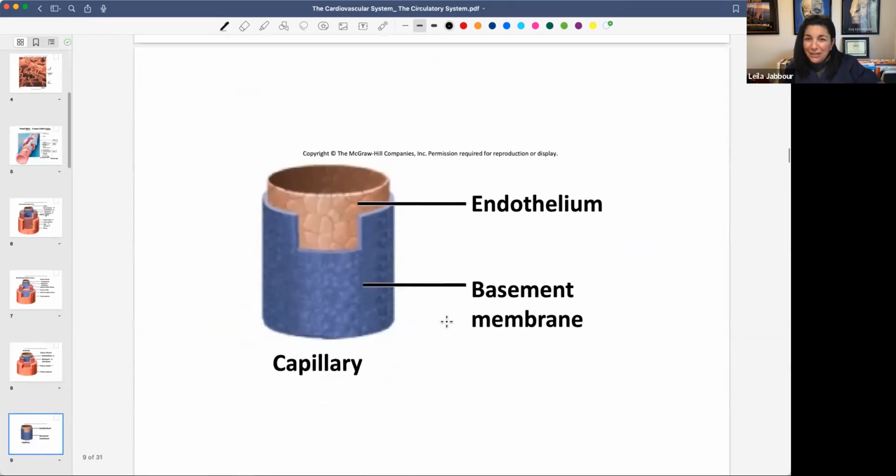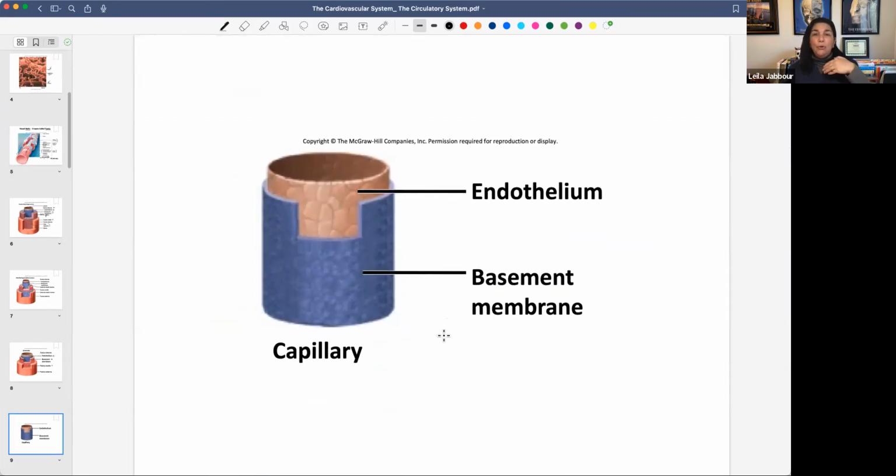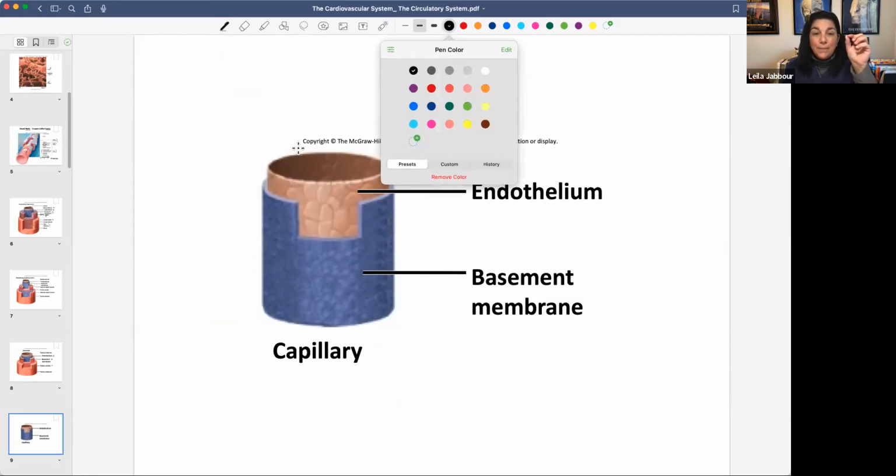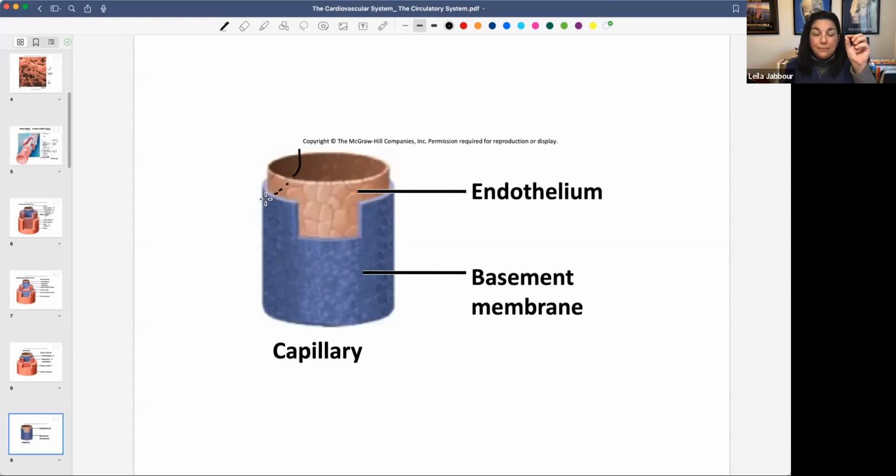And then finally, in the capillary, we really don't want all of this layering, because the capillary is where we're going to have exchange of gases, with O2 coming into the tissue after leaving the vessel.